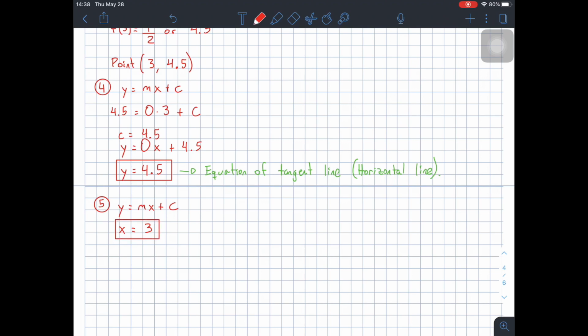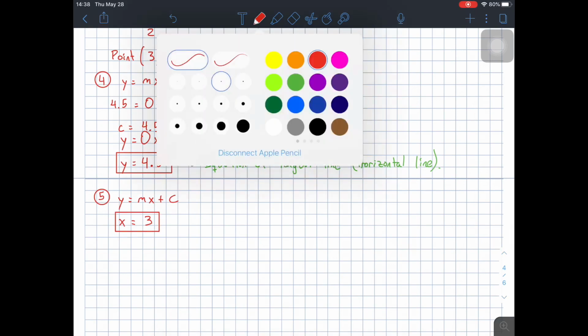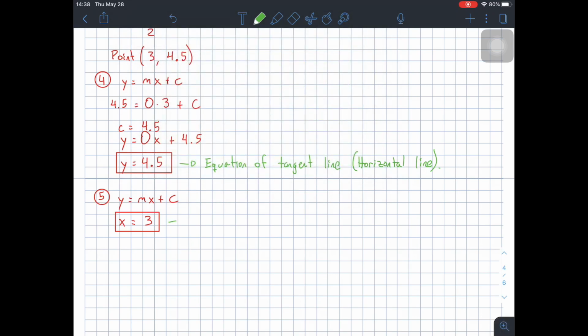Remember, slope is undefined for a vertical line, so we write it directly as x equals something to represent the vertical line. So this is the equation of a normal line, and it is like this because it is a vertical line.